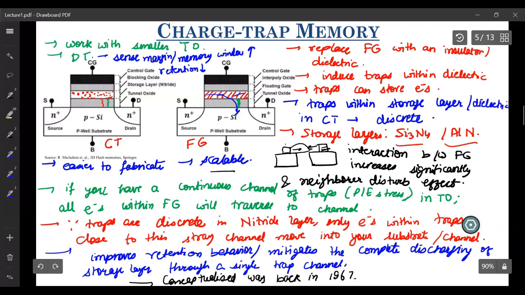But at that time, the problem was the interface quality between this nitride and tunneling oxide was very bad. So they required at least 50 volts to move an electron from your substrate to your storage layer. So they didn't go with this. They went with this floating gate. And it was only in 2002 that AMD and Fujitsu brought this CT memory into commercial use.